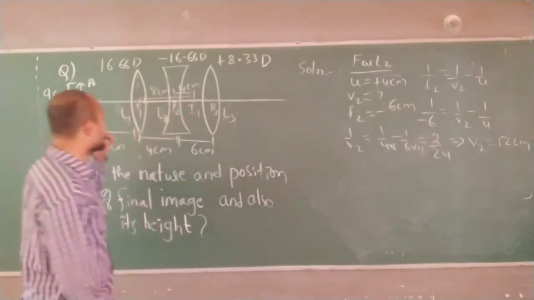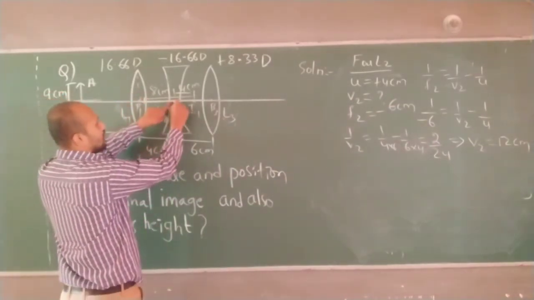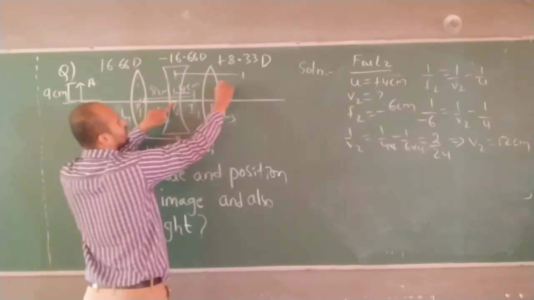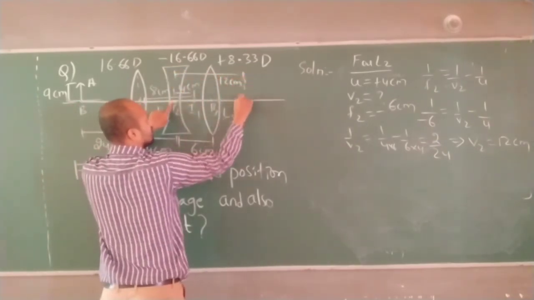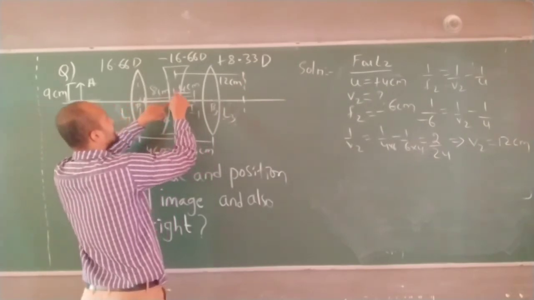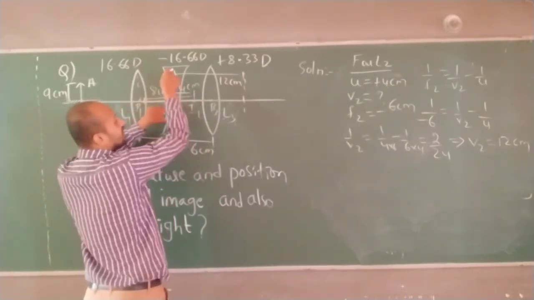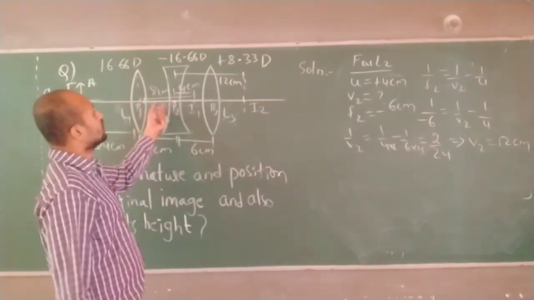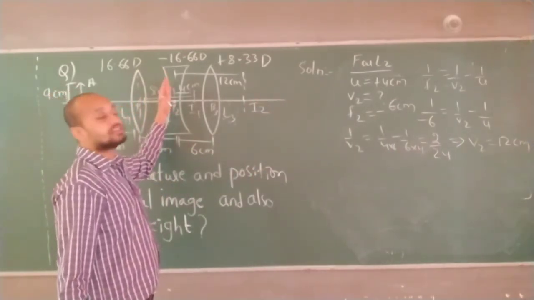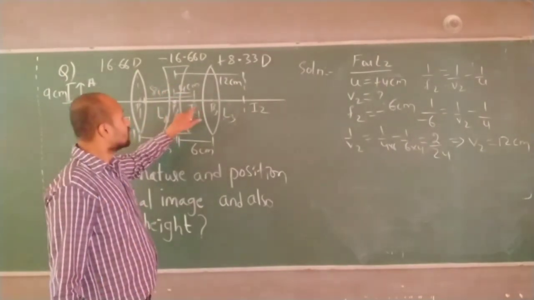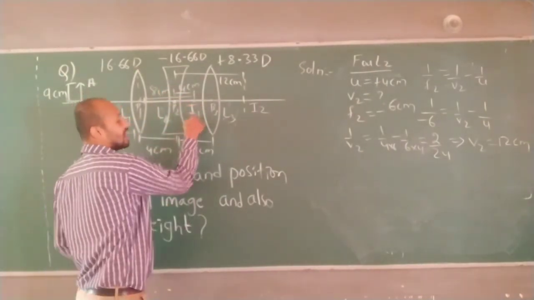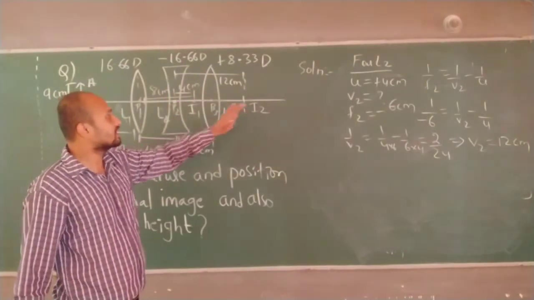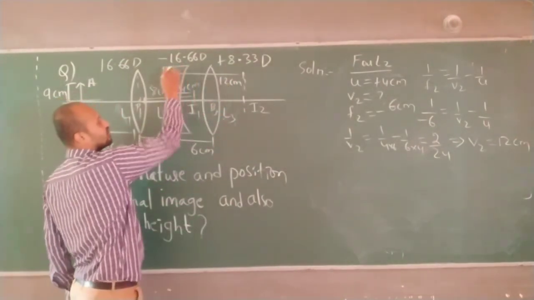That means, if you go to the right side about 12 centimeter, the image due to the object I1 in the concave lens is formed. I1 was the object for this concave lens, so the image is formed here, 12 centimeter from the lens.